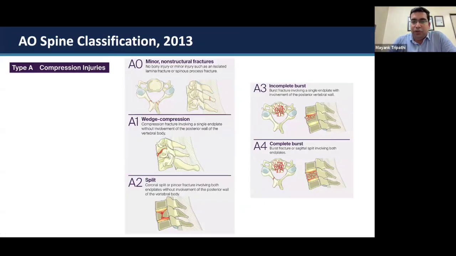In type A2, there was a split, coronal split or fractures which involved both the end plates, but the posterior elements were intact. Type A3 was an incomplete burst fracture, and type A4 was a complete burst fracture involving both the end plates.